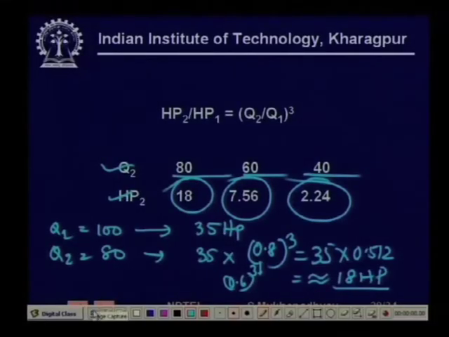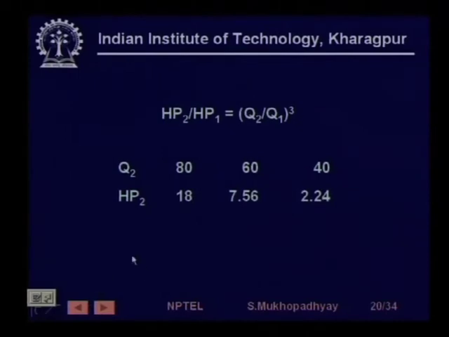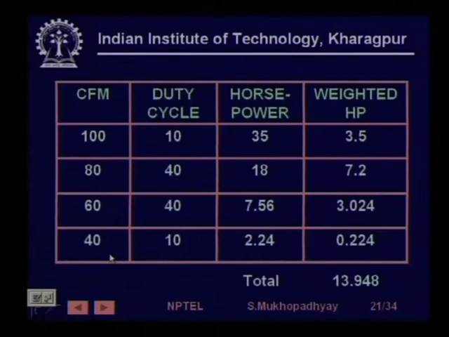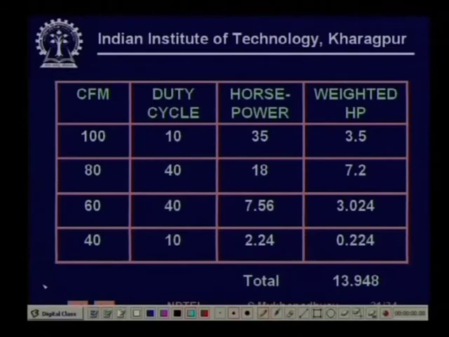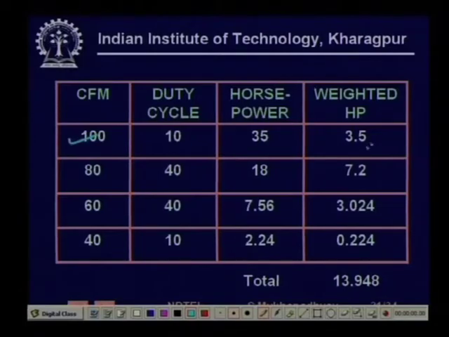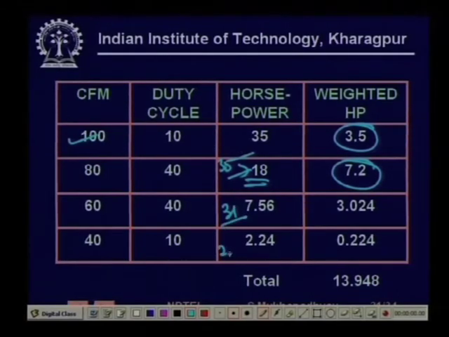So, here we are. Now let us see the average horsepower requirements when you are varying the speed. The 100% case is the same 33.5, the 80% case is now totally different. This was 35, remember, this was 31 and this was 27.